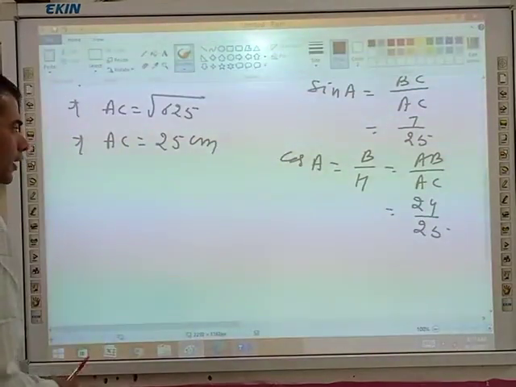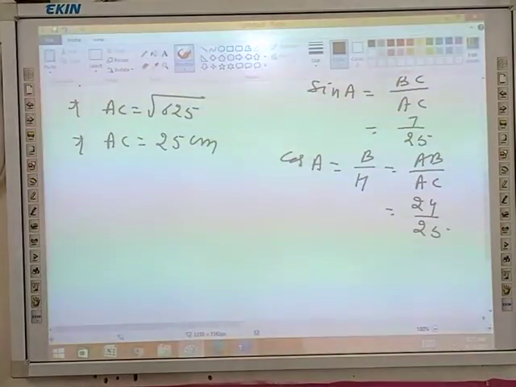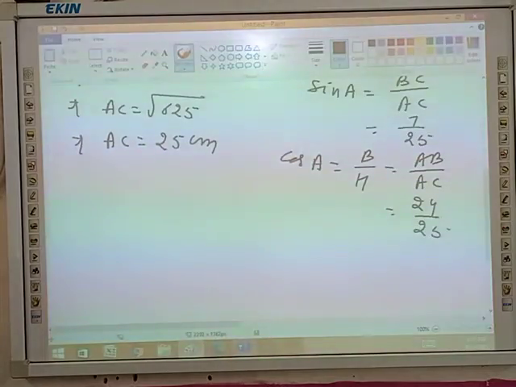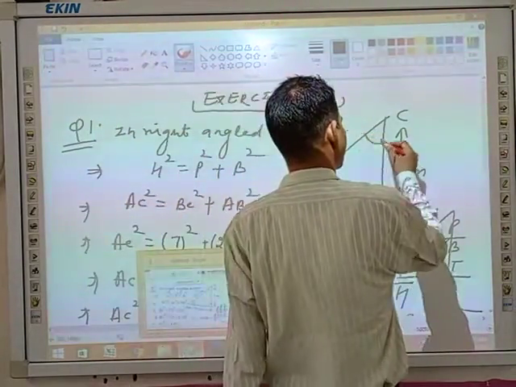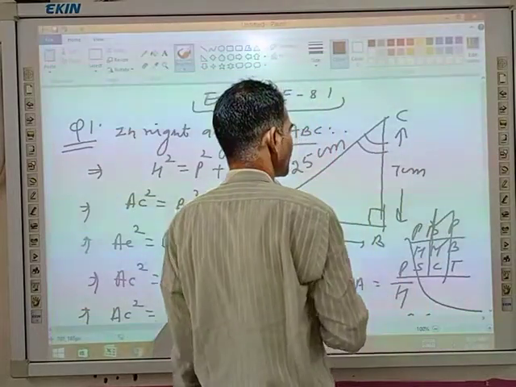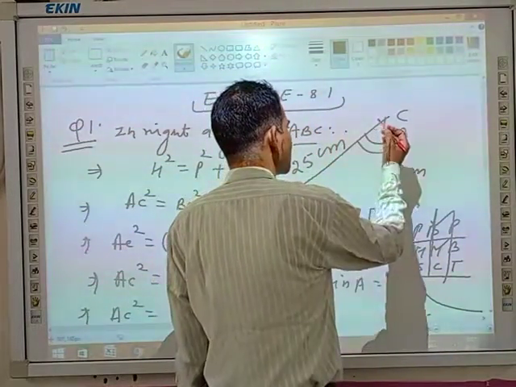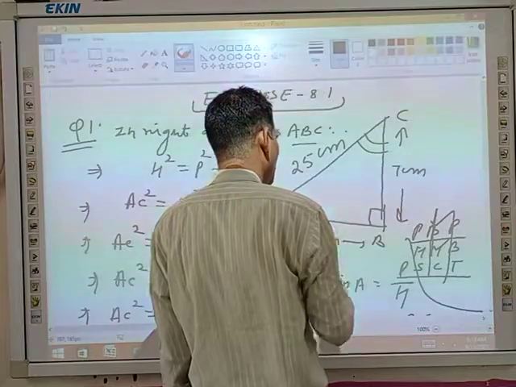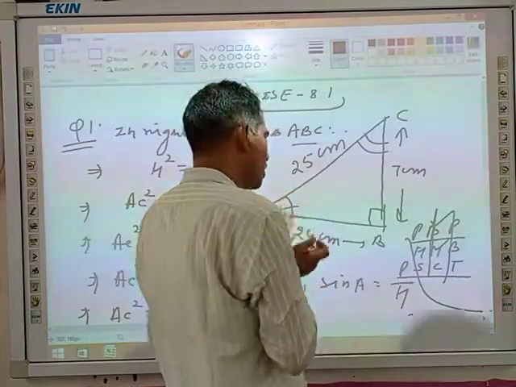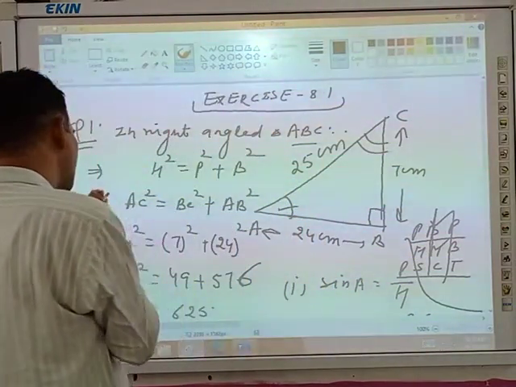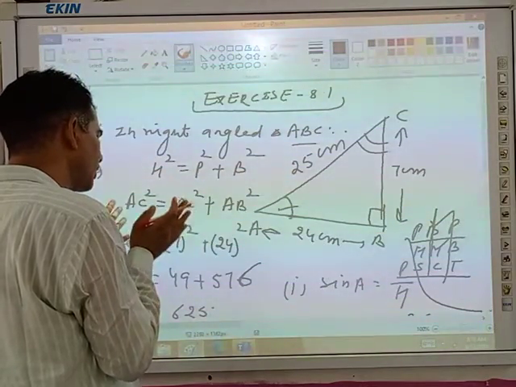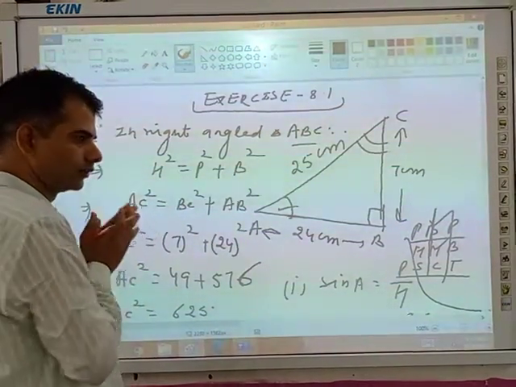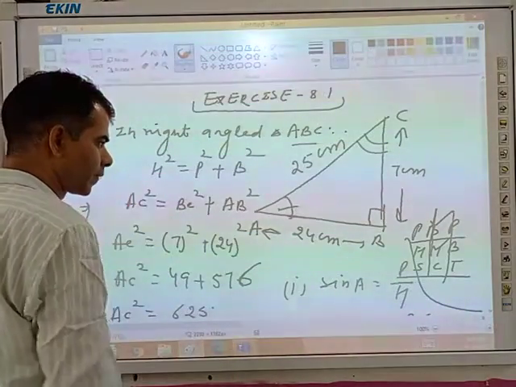Now, if your angle is C, this is your angle C, and side opposite to angle will be your perpendicular. If I am changing the angle, your base and perpendicular will be changed. Am I right or wrong? Yes sir, right.